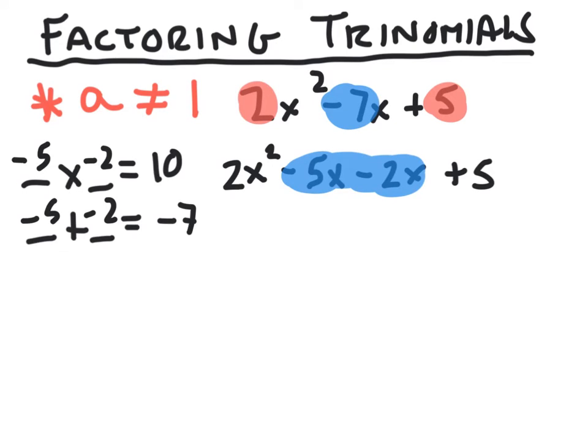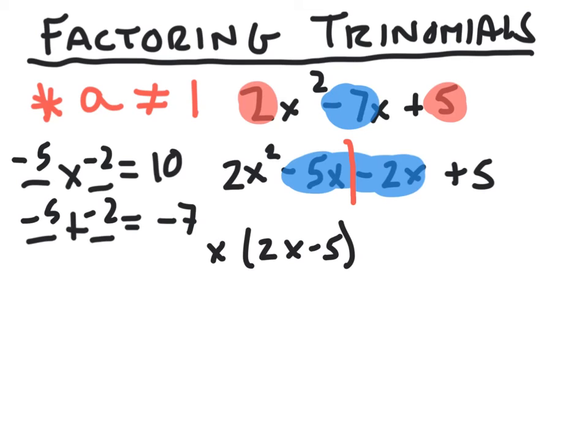The last thing I do is I put a line down the middle here to help me remember I'm going to factor this in groups. Remember, this was made by a distribution process, so it came from groupings, so I'm going to put it back in its groupings. So the only thing I can pull out here seems to be an x, so 2x minus 5. Now I have a choice: actually the only thing I can take out of this group is a 1 or a -1.